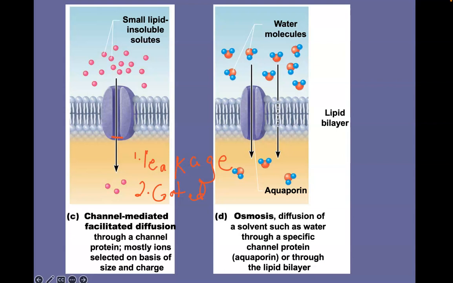They can be promoted to open by certain molecules. And sometimes the initiation for that opening of that gated channel can be something like the change in voltage in the cell. Okay, and so then that gated channel can open, allowing, again, those molecules, those solutes to get through.